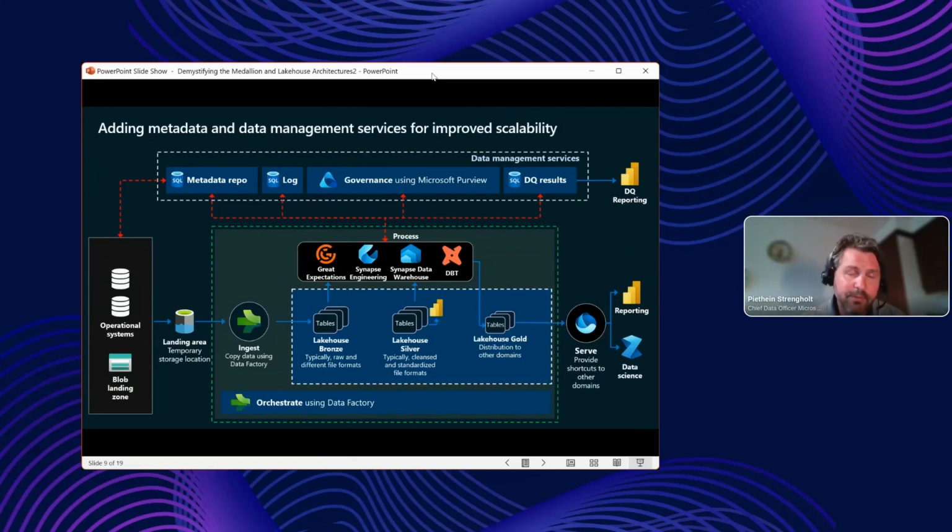So I store all of that schema metadata in a tiny SQL repository. And I use that as input for declarative scripts I invoke with pipelines, and then I use that metadata for validating also data quality, for instance. So I add an additional data quality component.